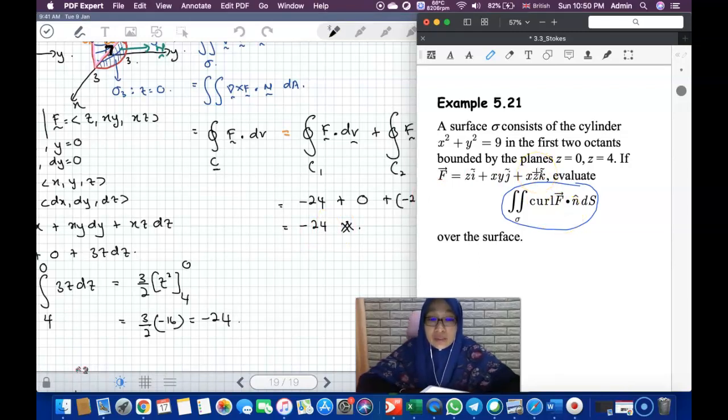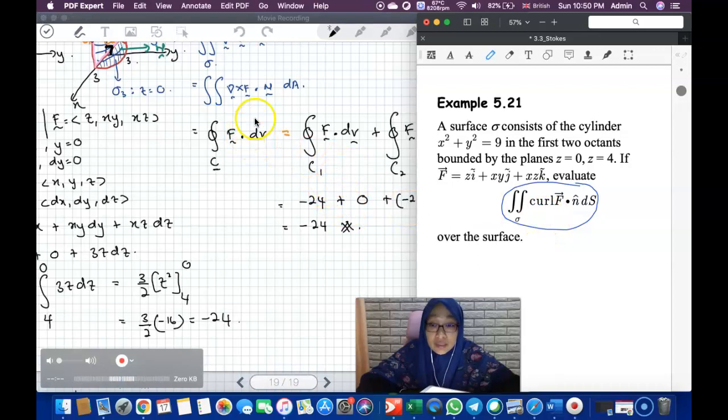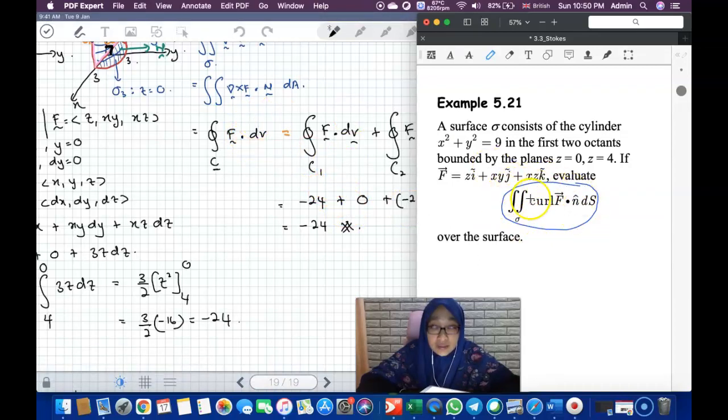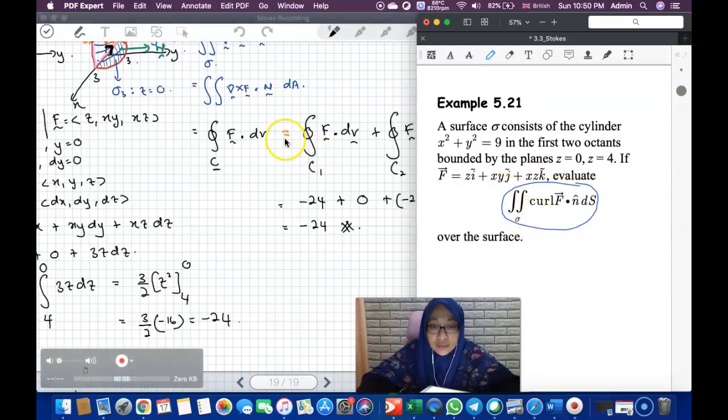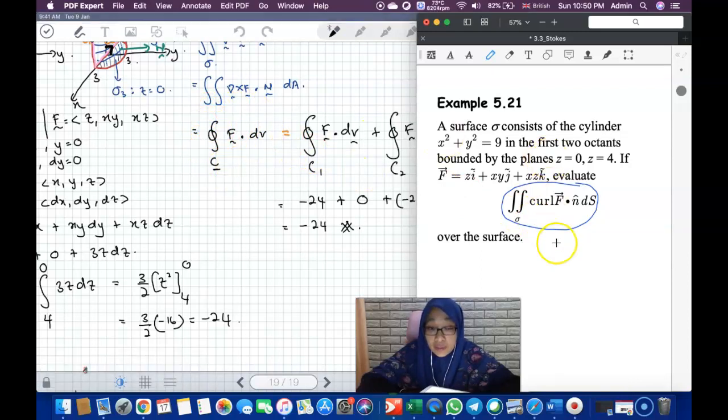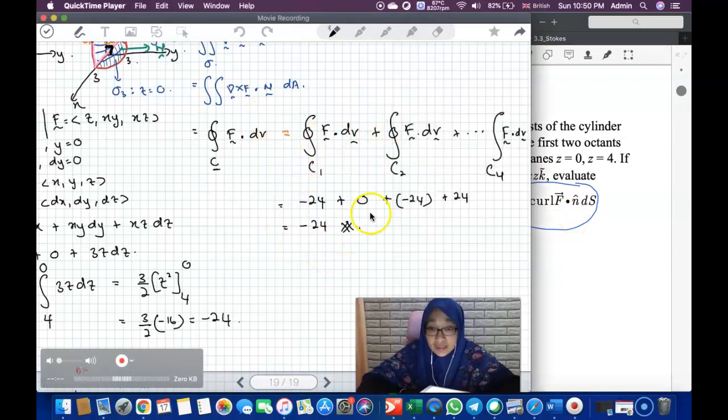It depends on the instruction. If the instruction doesn't mention that you have to use Stokes, then it is up to you. You can proceed using the surface integral, or you can apply Stokes, where you have to provide the line integral. If they put the instruction using Stokes theorem, then you have no option.